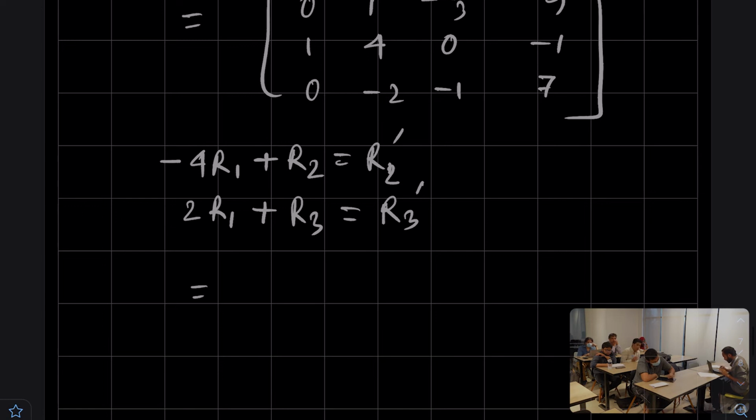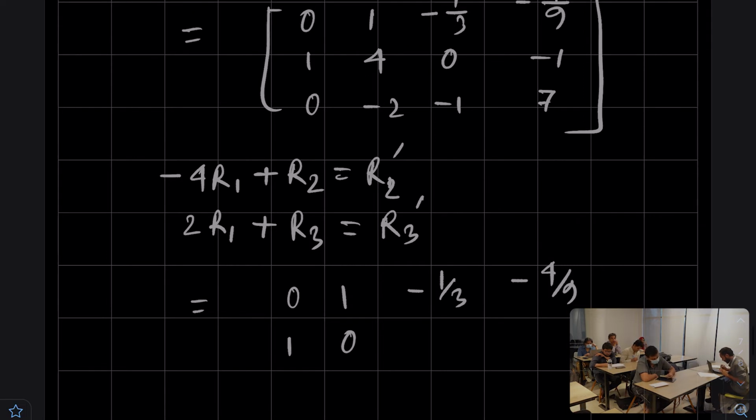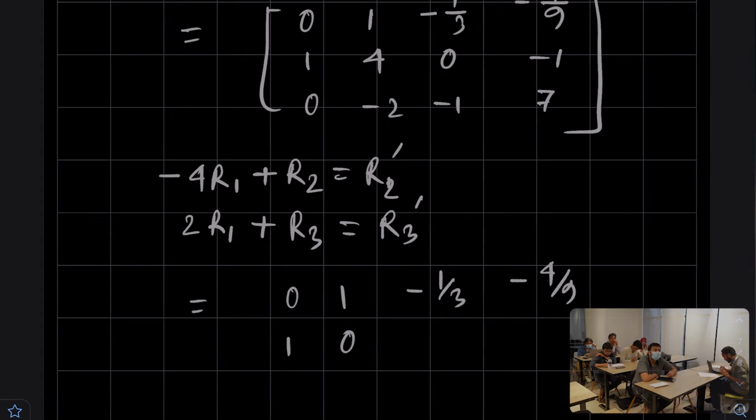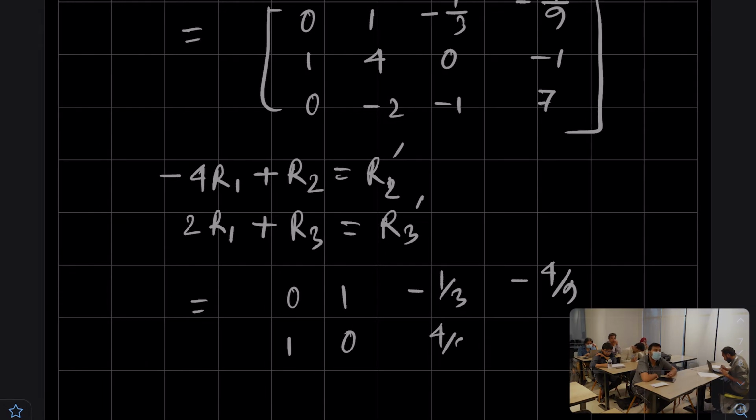Then this will be 0, 1, minus 1/3, minus 4/9, and this is 1, this is 0, and this is 4/3, and this is just 7/9.